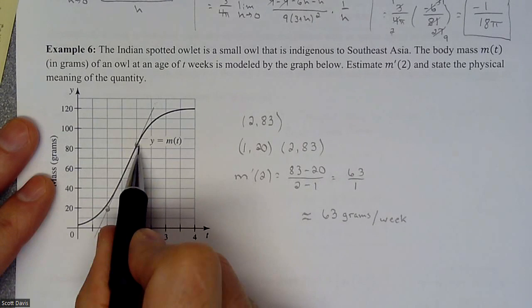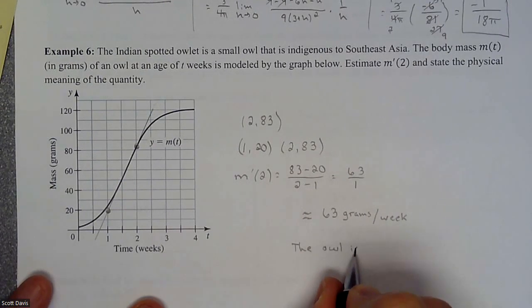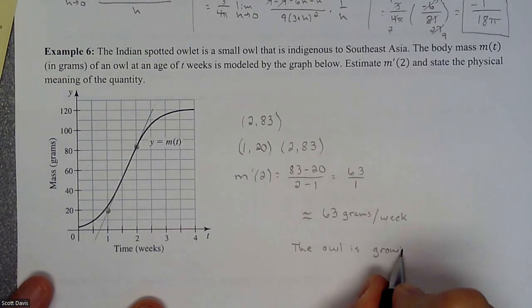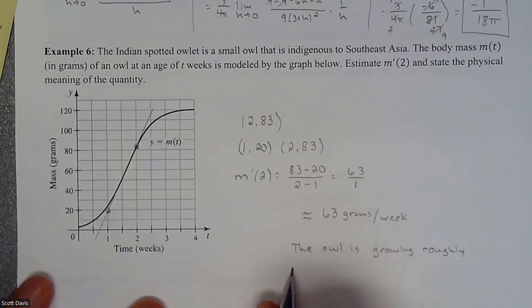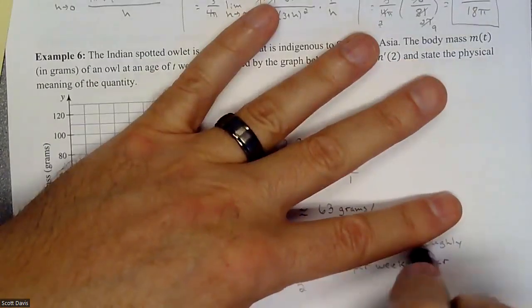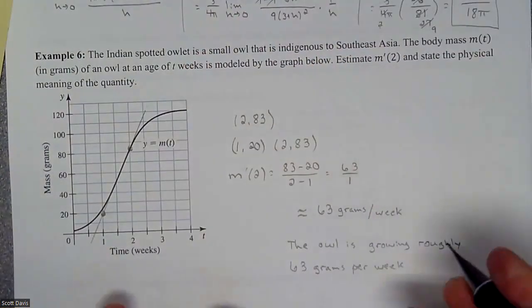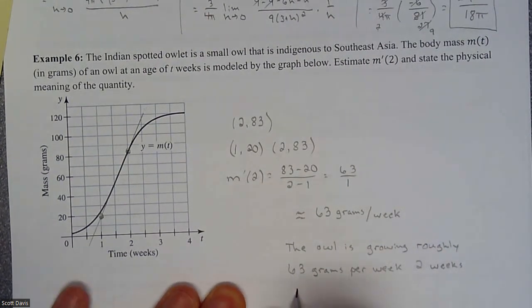So at that point, the owl is growing roughly 63 grams per week, 2 weeks after birth.